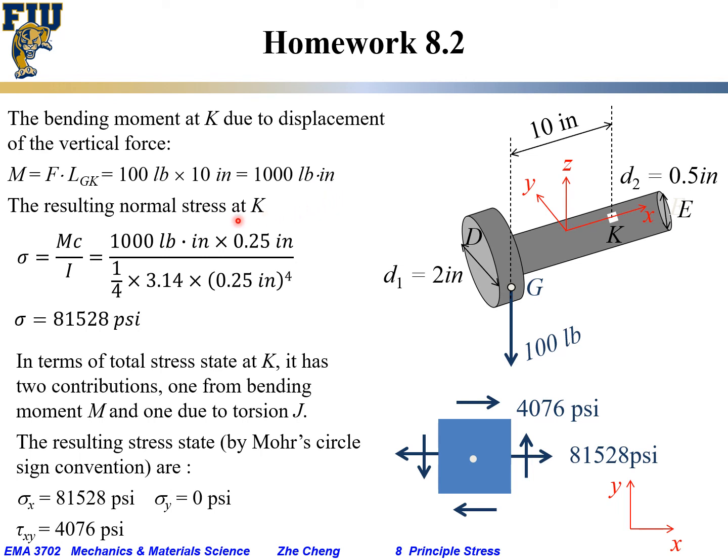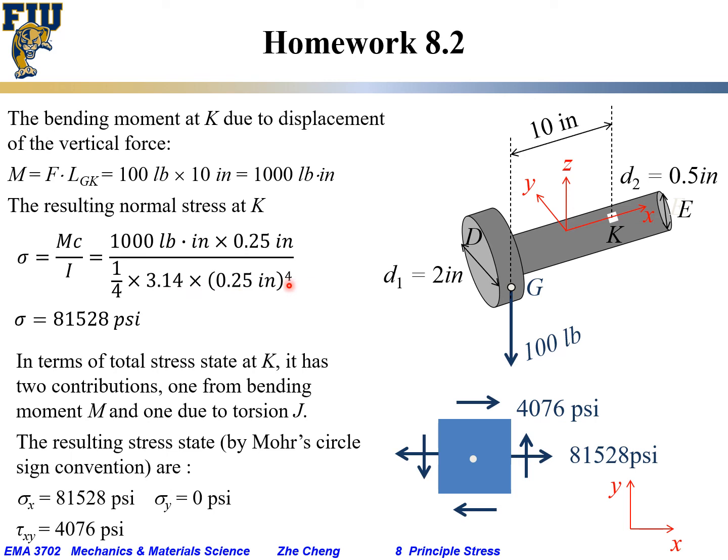The resulting normal stress at the top surface K would be from chapter 4 for pure bending, MC over I. M is 1,000 pound inch, C is the radius 0.25 inch, and I for this cylindrical solid shaft would be 1/4 pi radius to the power of 4.